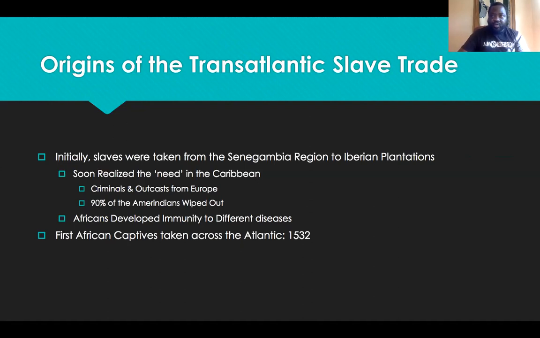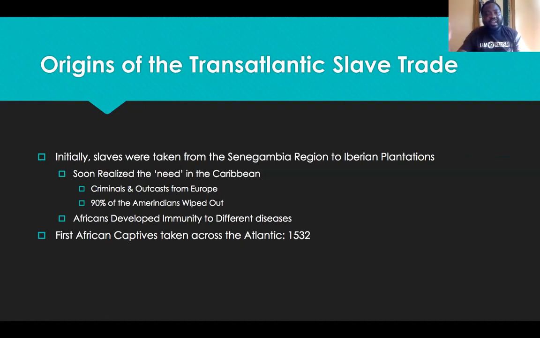They were also used to the tropical conditions similar to the islands, as opposed to the criminals and outcasts that had been brought in from Europe. So all this points to the reasons why the Europeans then decided to start enslaving people from Africa.